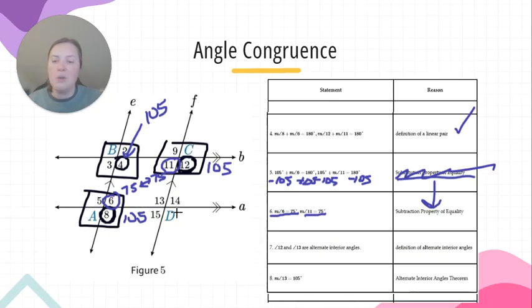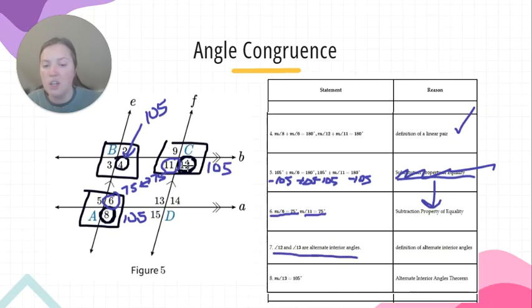Now, the one thing that we don't know is the measure of angle 13. We could use the alternate interior angle. You see we have our parallel lines and our transversal. We could use our alternate interior angle with 8 and 13, or we could do 12 and 13. Here, they've chosen to do 12 and 13.